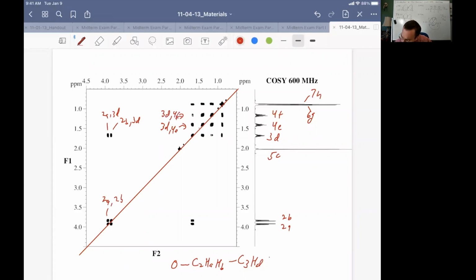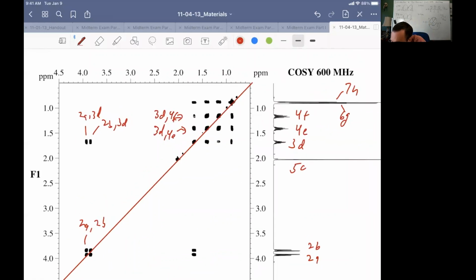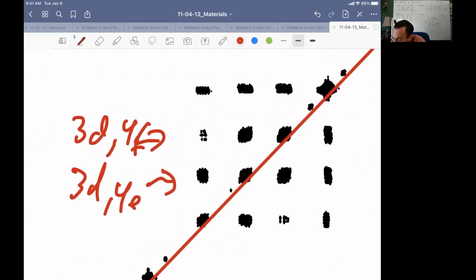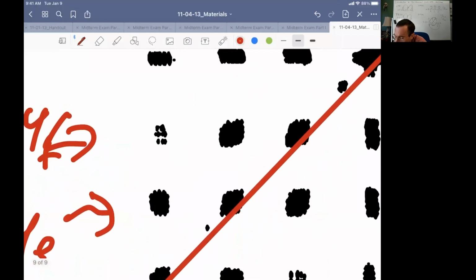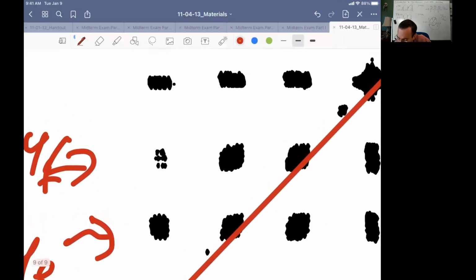And so we can continue to build C4, HE, HF. And if we look hard here, and again, it helps to have a grid, but if not, you probably can make out from the shape of the cross peaks that this cross peak corresponds to the 6G. So this is 3D with 6G.